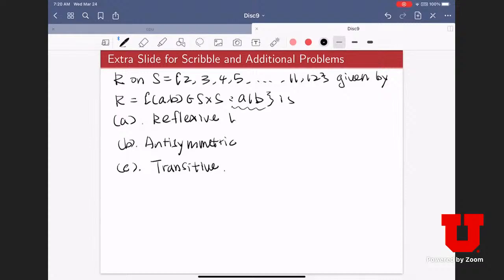So let's say x belongs to the set S. Then for any x in S, x always divides itself, and thus (x, x) is in R, and therefore R is reflexive. So this one is actually true.